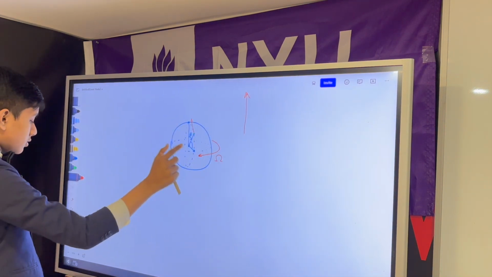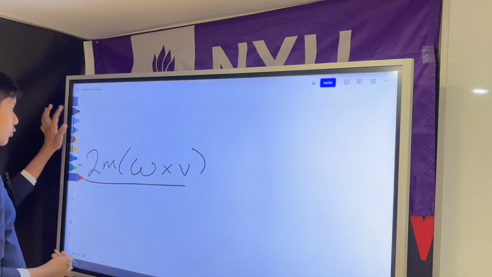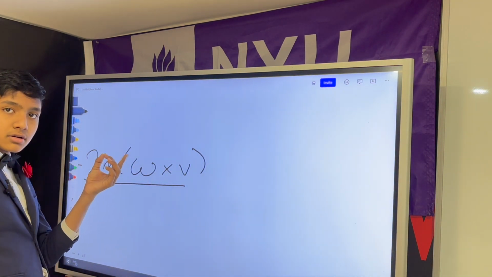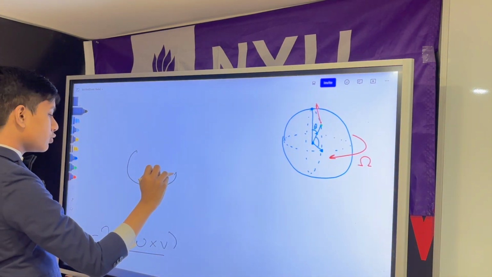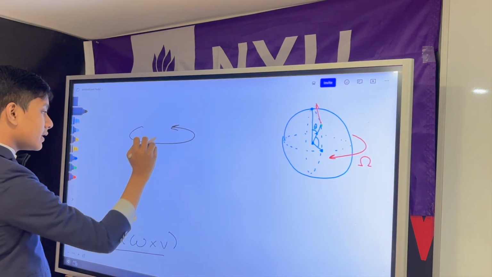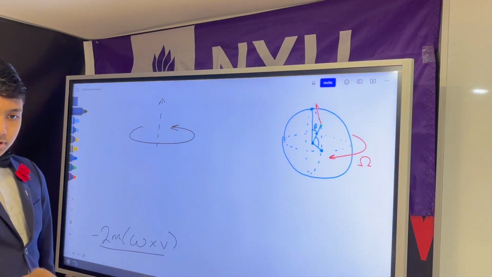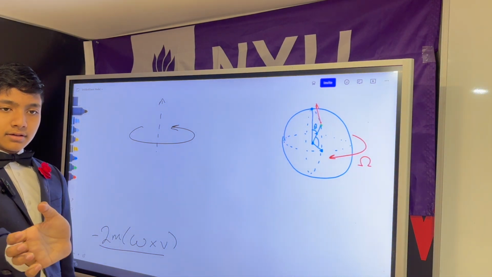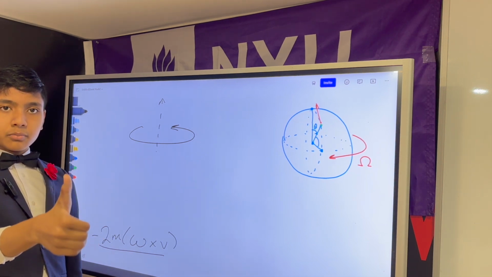But right here, we just use this handy formula, and you might ask, well, what's the angular velocity vector? Well, you use the right-hand rule. If something's curling around this way, then the angular velocity vector will be traveling up. So your fingers are curling this way, and your thumb points up.